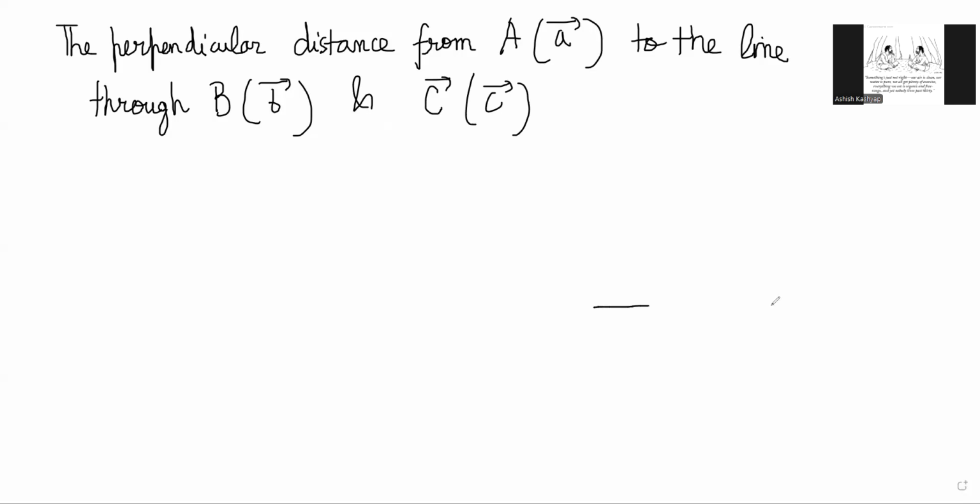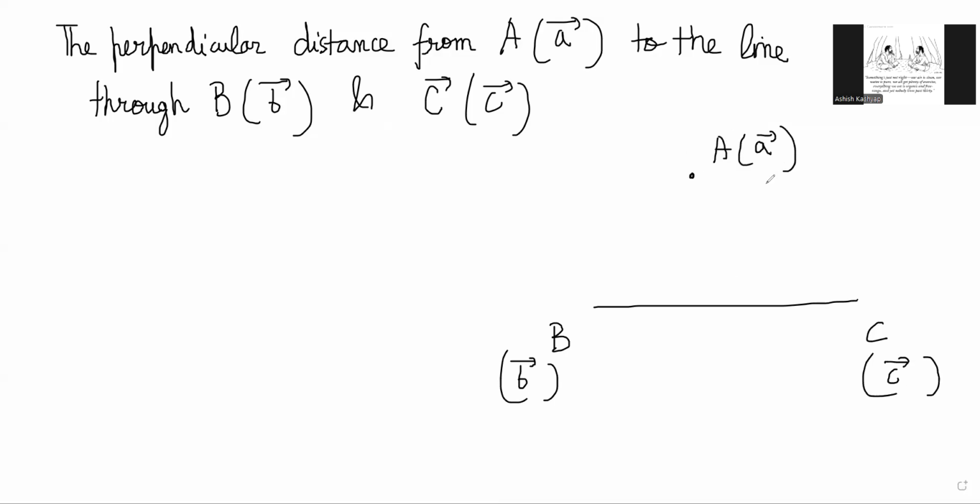So you have a situation like this. B is here, C is here. B cap is the position vector of this, C cap is this, and A is somewhere here. A cap is the position vector of this. I want the length of AD, the length of the perpendicular from here, right?